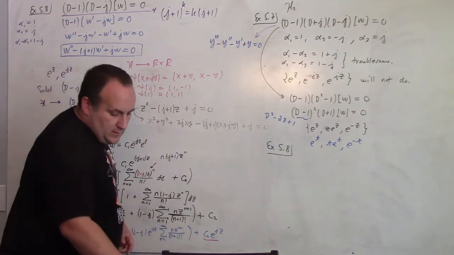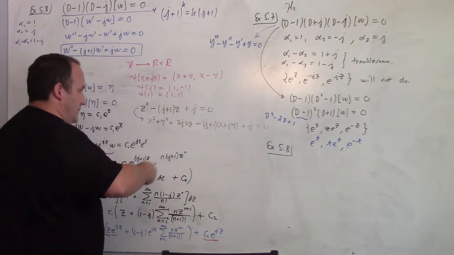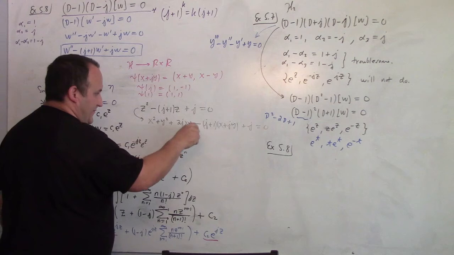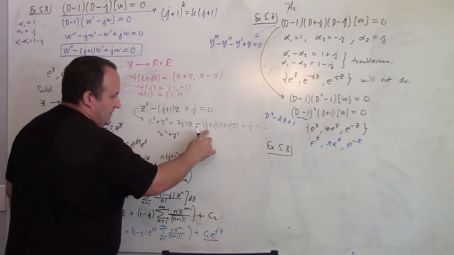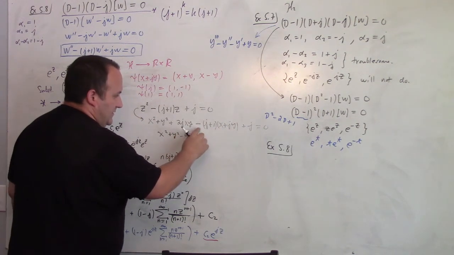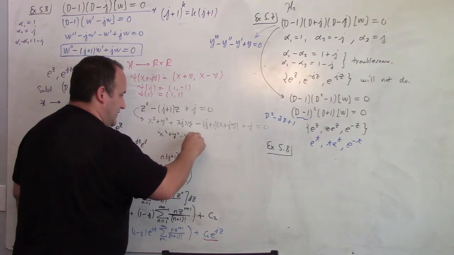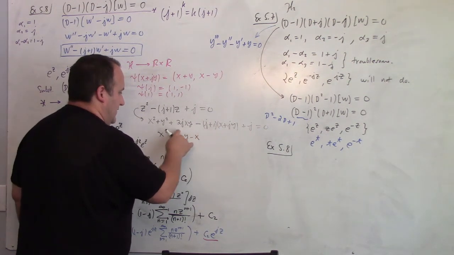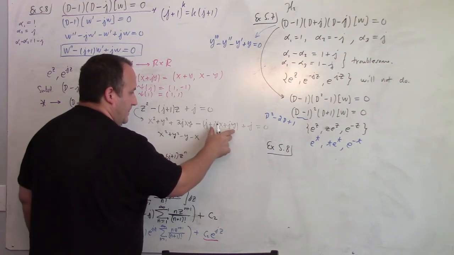What that gives you is x squared plus y squared. J times that gives me minus y. Minus y minus x. Is there anything else that's real? Nope.